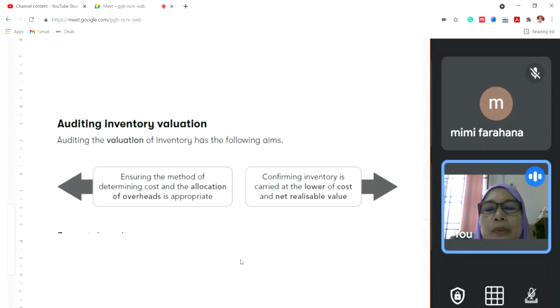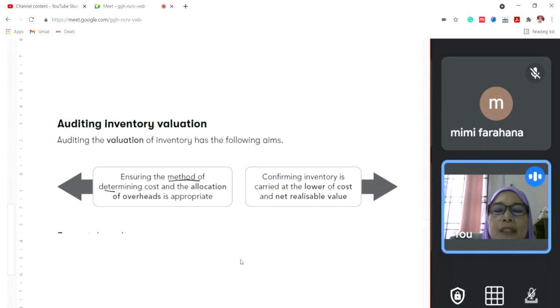So how you are going to look at in terms of the auditing on the inventory valuation. So auditing for the inventory, okay, you have to ensure the methods of determining cost and the allocation of overheads is appropriate.